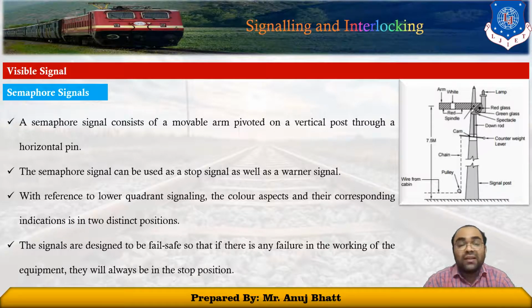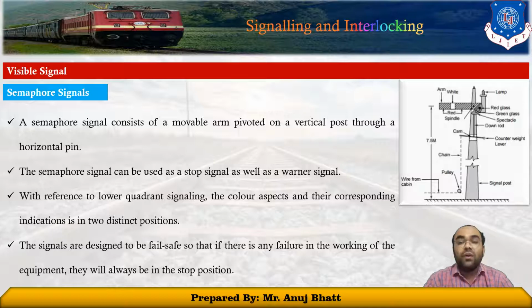So when the light is on, it will show the red or green signal. The red glass is positioned at the upper end and the green glass at the lower end of the spectacle.